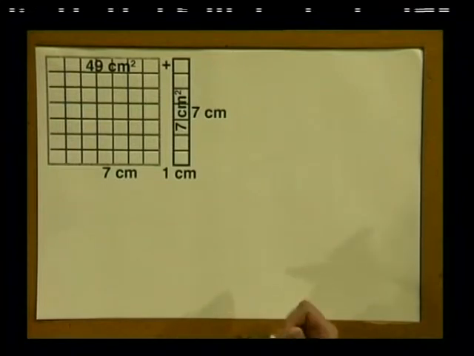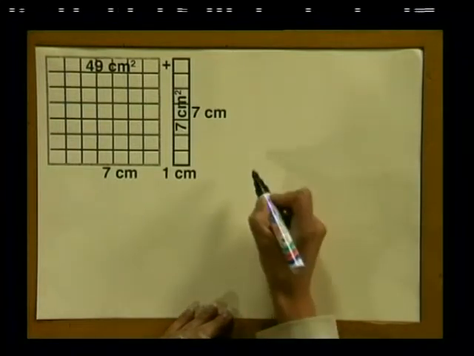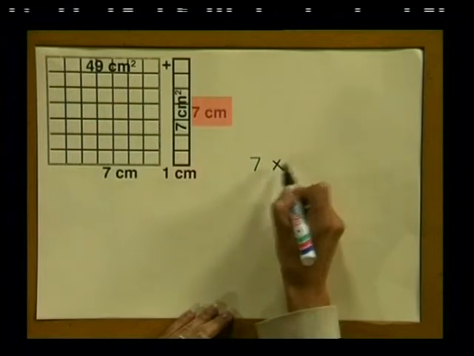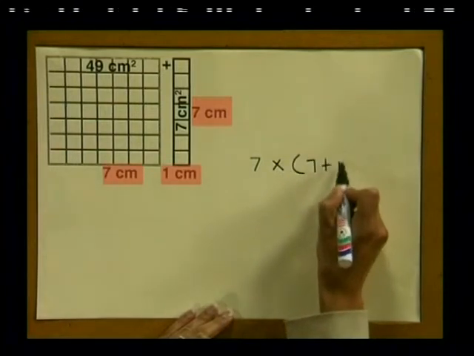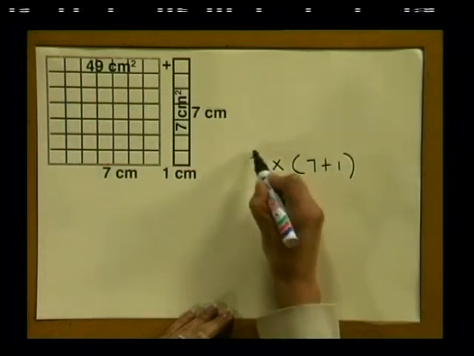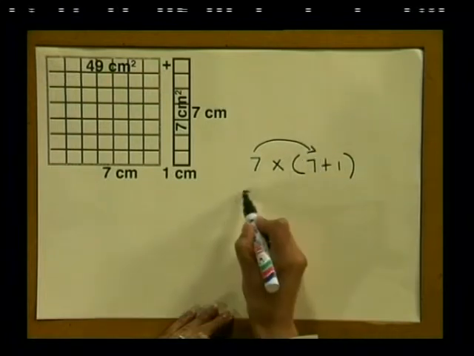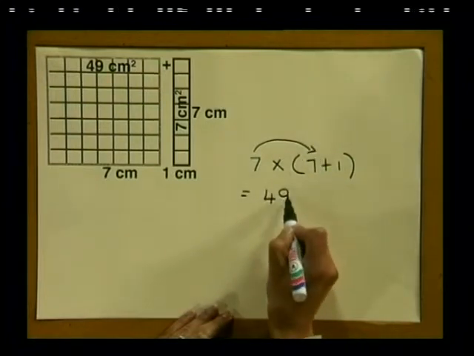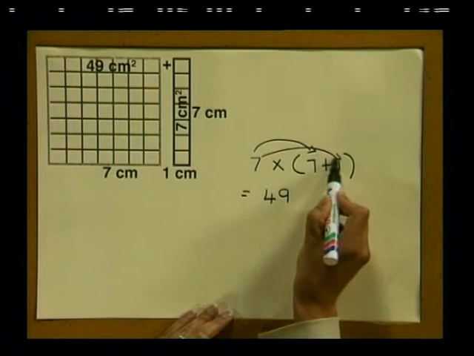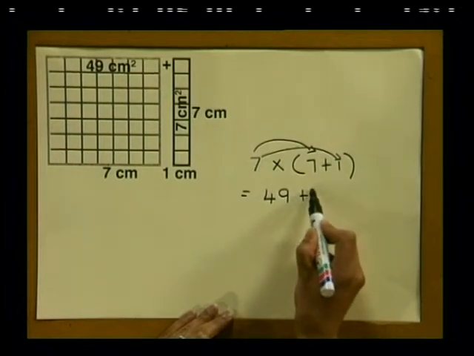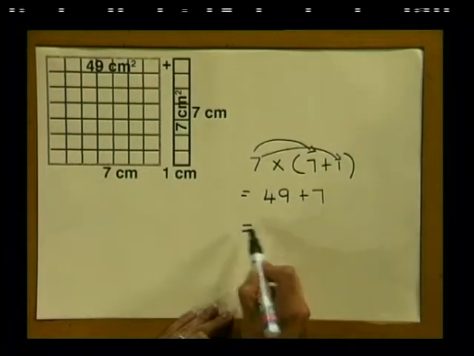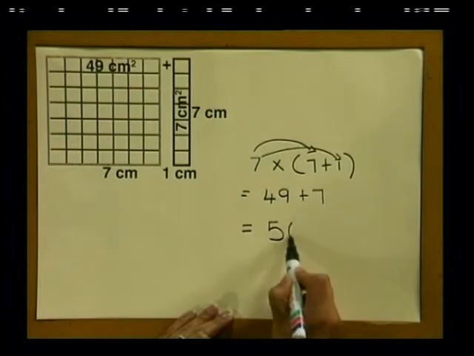We'll still work out the product of 7 and 8. But this time we'll work it out mathematically as the product of 7 and 7 plus 1. Now, 7 times 7 gives us 49. And 7 times 1 gives us 7. And when we add these together, we get 56.